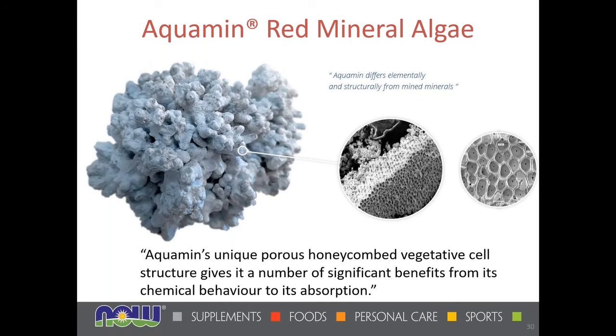Now, unlike normal calcium carbonate, there's a different structure that's more of a honeycomb. So it's different from calcium carbonate that would occur in rock powders because this is taken from a plant. So it has advantages in terms of absorption, in terms of magnesium and trace mineral content in the Aquamin.